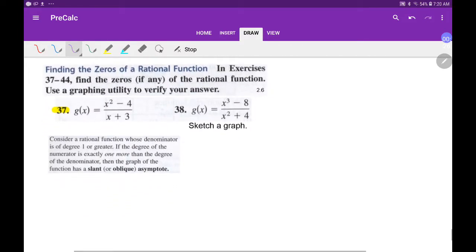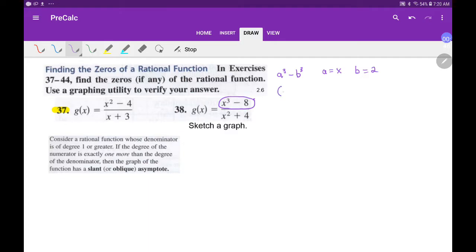So, finding the zeros of a rational function. Okay, so hopefully you recognize this top part as a to the third minus b to the third, where a is equal to x and b is equal to 2.